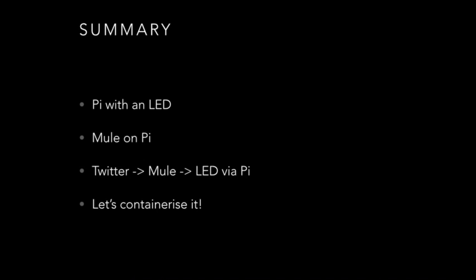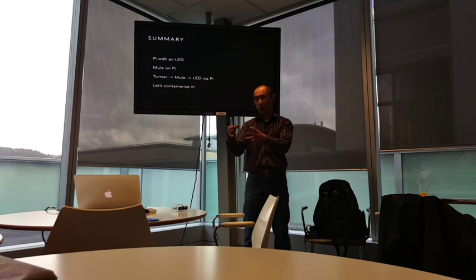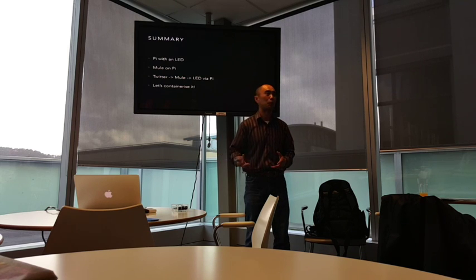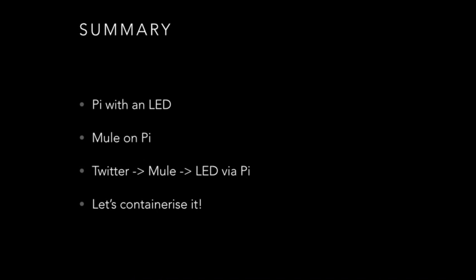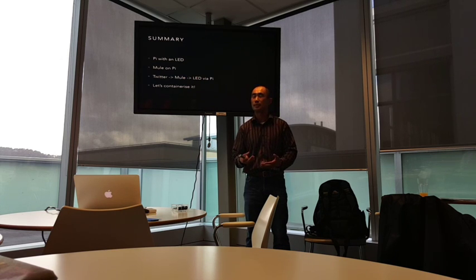So in the summary, you can see that I didn't just come up with the idea to do all of this in one go. It was a step-by-step process where initially I wanted to turn on an LED with a Pi, and then I decided, why not try Mule on a Raspberry Pi? Because we're talking about Internet of Things, right? IoT devices.